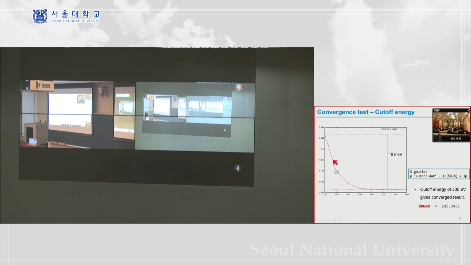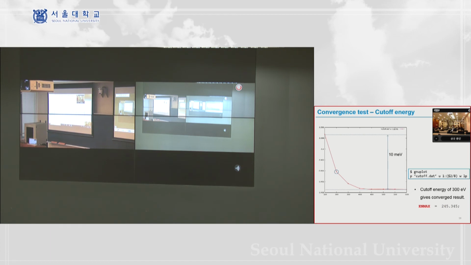As you can see, if we use 250 electron volt, the error is above 10 milli-electron volt per atom. But if we use 300 electron volt, then you can see the error is smaller than 10 milli-electron volt per atom.